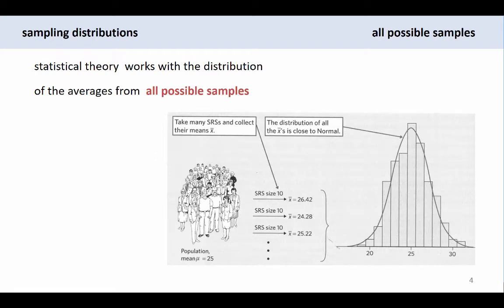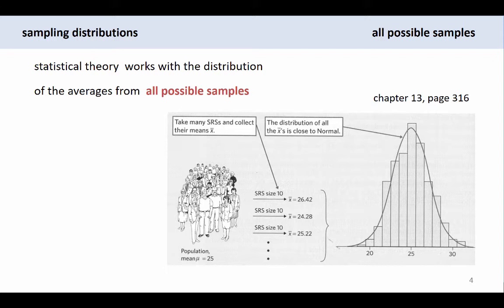And here's an illustration from Baldi and Moore. This is in chapter 13 on page 316. It looks a little bit like a cartoon, but actually it's a very clever way to illustrate one of the foundational pieces for this week. So Baldi and Moore in this picture say we've got a population, and we'll assume for a minute that we know the population mean mu is 25.